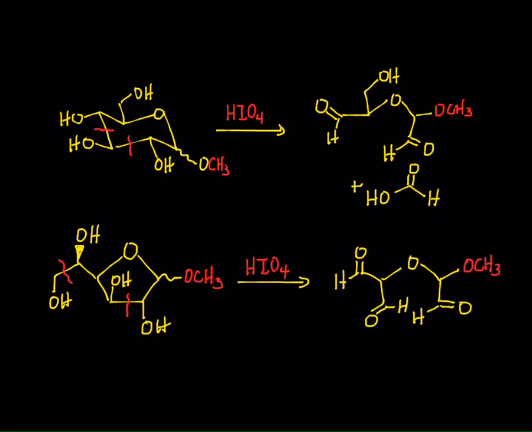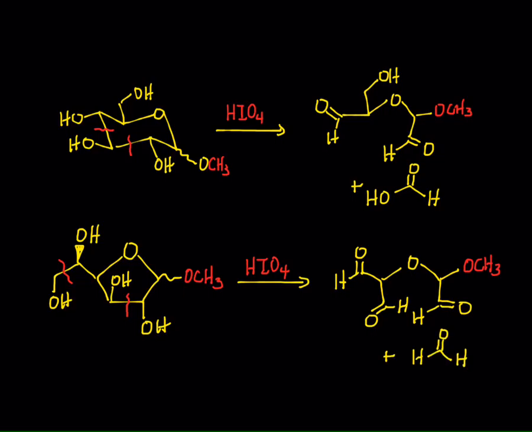So if I'm talking about C4, so C5 becomes an aldehyde, and C3 becomes an aldehyde, and C1 stays the same, and C2 becomes an aldehyde. And now the only one that I have left to account for is C6. And of course, notice it is a terminal diol, and so it's going to give me formaldehyde.